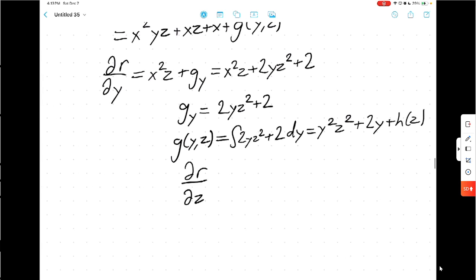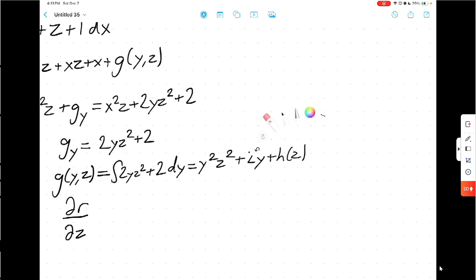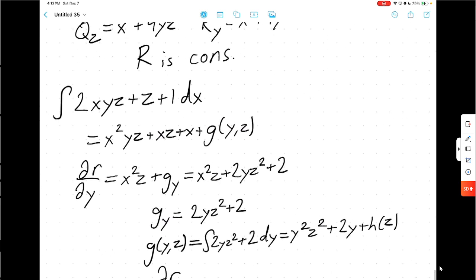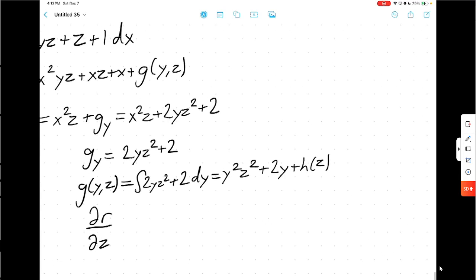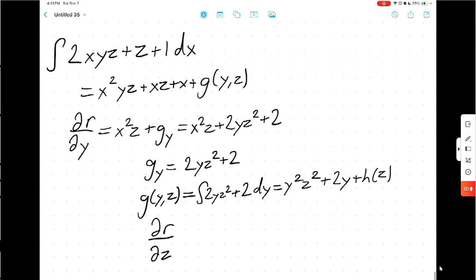Partial of r with respect to z. What are you adding there? On where? The g of yz equals the integral of 2yz squared plus 2 dy, right above the partial r partial z. Oh, the g of yz? Yeah.